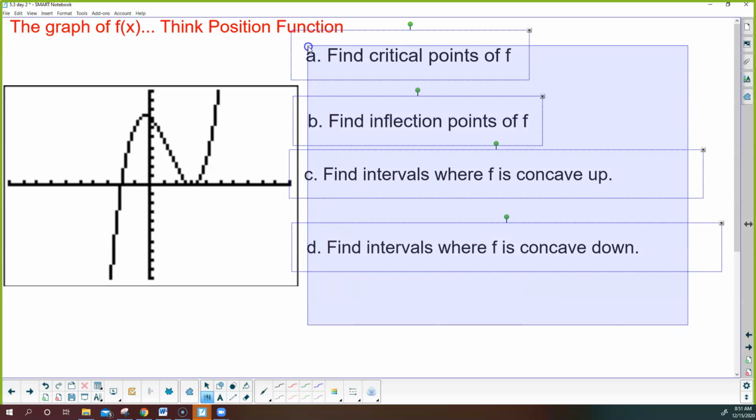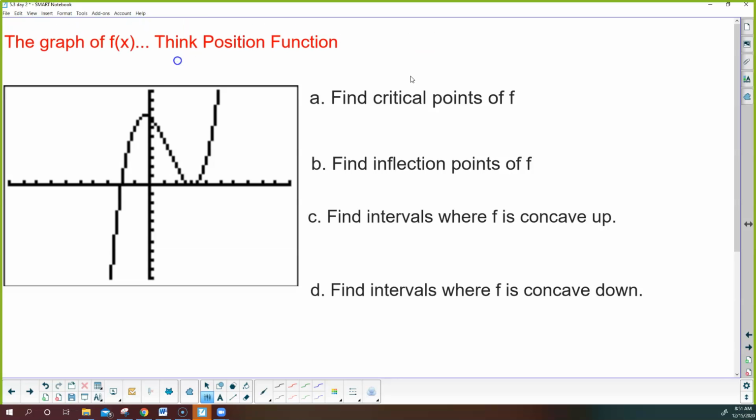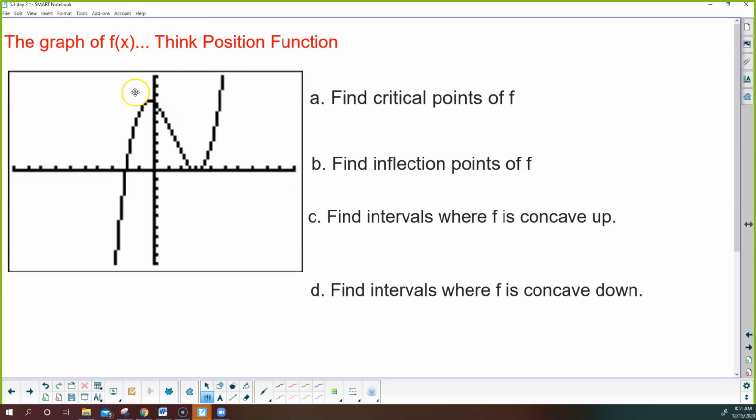We're going to answer these 4 questions based off of the given graph, and we're going to change the graph each time. So first we're going to say, okay, well, what happens if it's the graph of f? And then what happens if I give you f prime and f double prime? So I'm going to give you a minute to write this down.